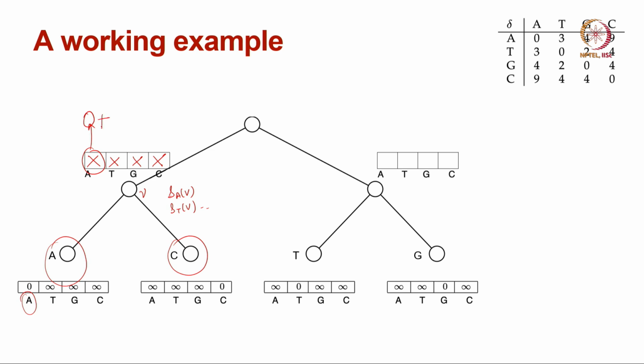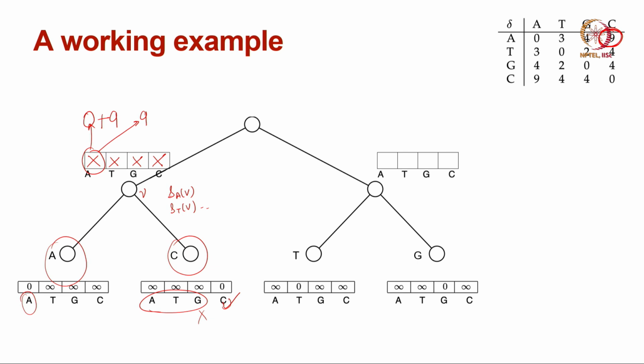Plus on the right hand side you will have to change the state from C to A. The other choices are not allowed because of infinity. So you would pick C and make a state change from C to A. From the scoring matrix you can look at that C to A change is 9. Therefore, you would do 0 plus 9 and this would become 9.